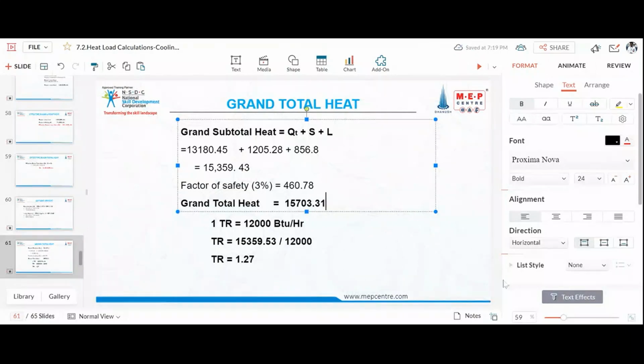So 1 TR equals 12,000 BTU per hour, right? 1 TR equals 12,000 BTU per hour. So divided by 12,000, which is 1.30.